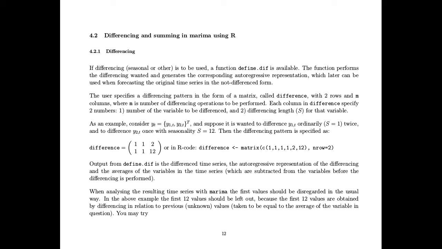Then you have to give a matrix like this as argument, where the first row is which states you are differencing, and the second row is to what lag. So you take the first state differencing with lag 1, then you again take the first state and difference with lag 1, and take the second state and difference with lag 12.